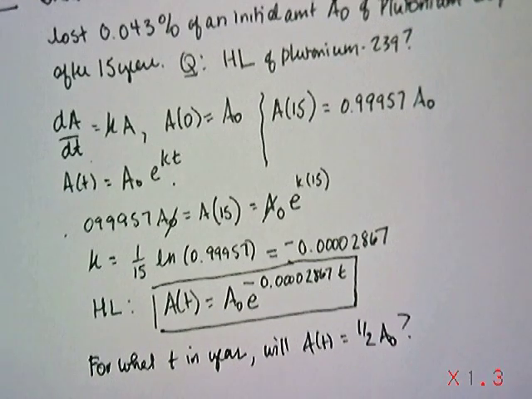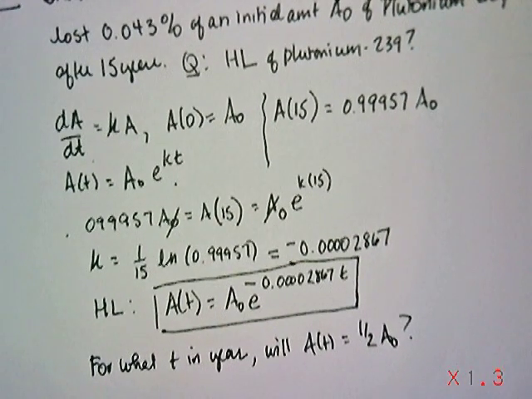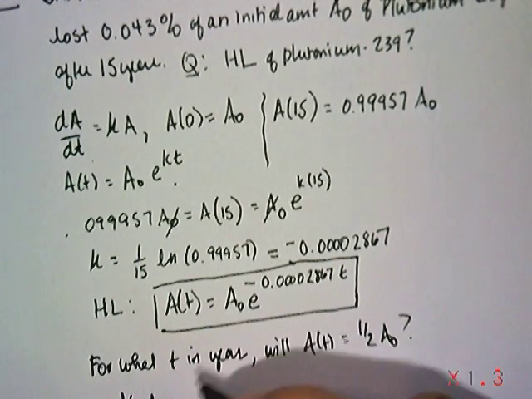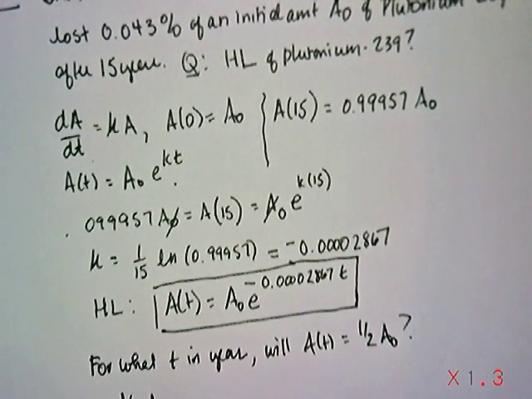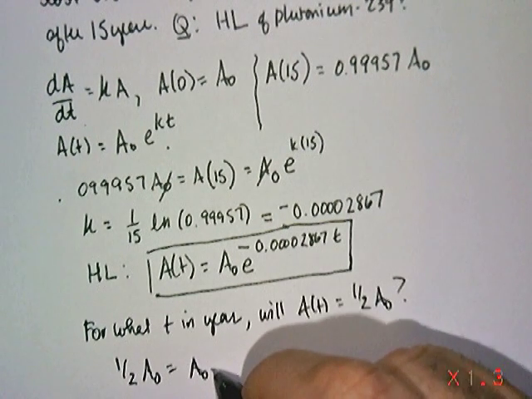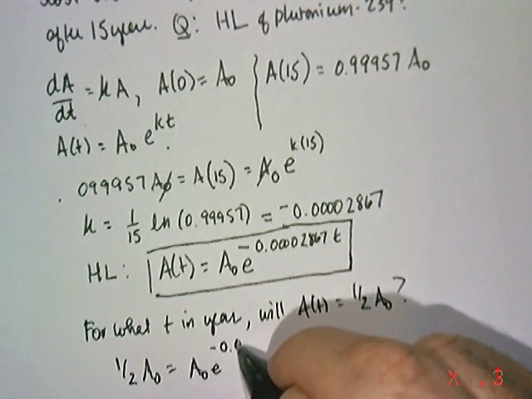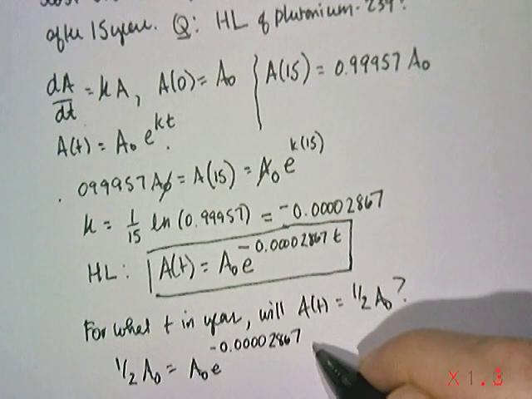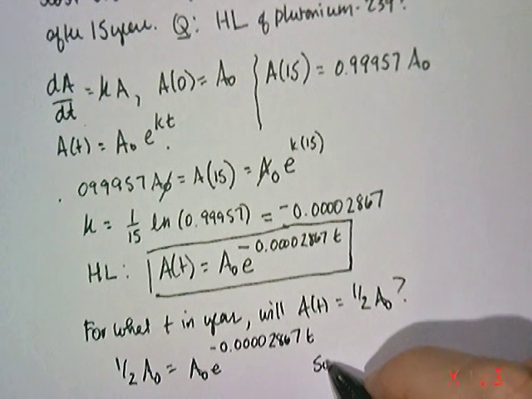So that's what it means to determine the half-life of the element. So again, we would set 1/2 A0 equal to the model of decay that we have, which is A0 times e to the negative 0.000002867 t, and solve for t.